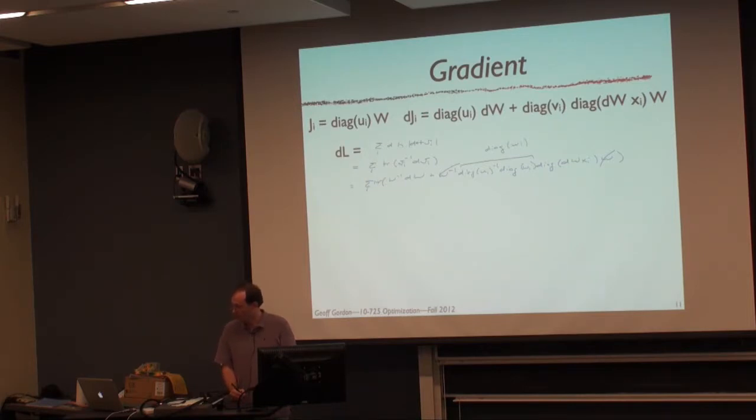And so now I have this is equal to the sum over i of the trace of W inverse dW plus the diag of w_i times diag of dW x_i. Okay?